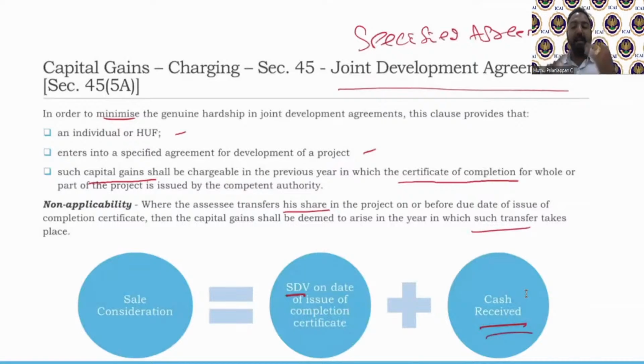In my land, a builder is building. This is called a joint development agreement. That is what is called a specified agreement. So I have not left it; I've explained it through that diagram. I did not use the words specified agreement; rather, I used the words joint development agreement. Okay.